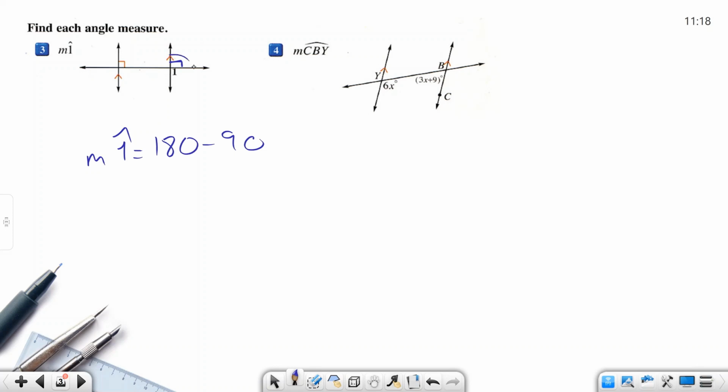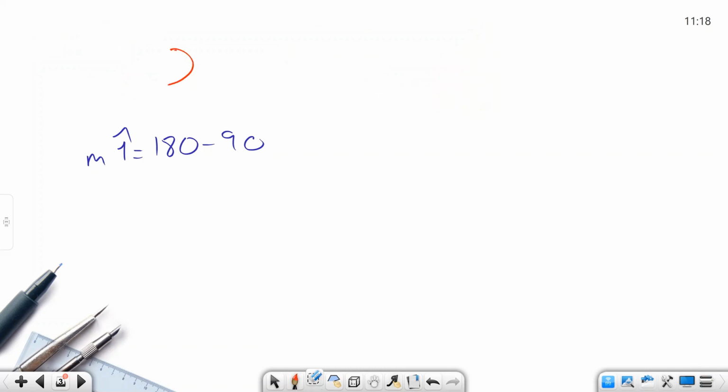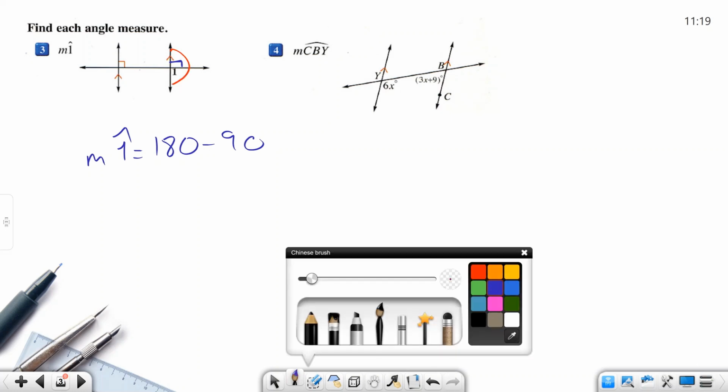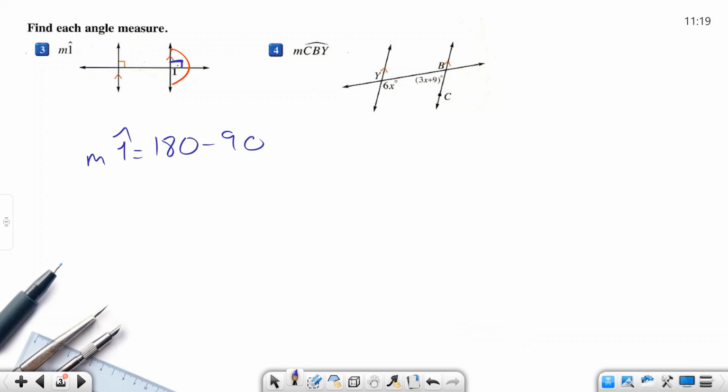Because this is 90 degrees and all here must be 180, 1 plus 90 makes 180. So the measure of angle 1 is equal to 90 degrees. Actually, I can say all the angles here are right angles.